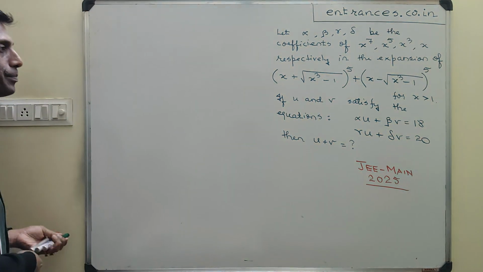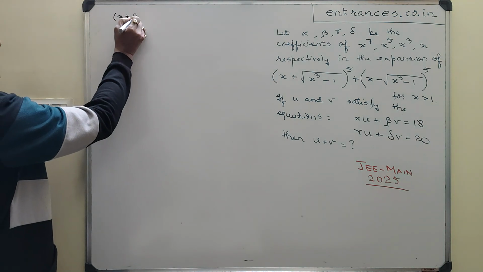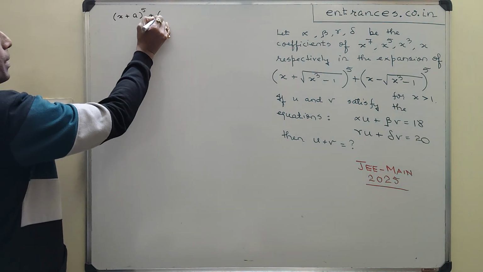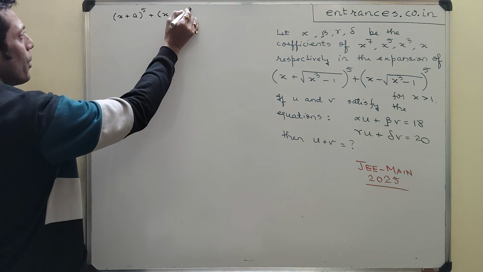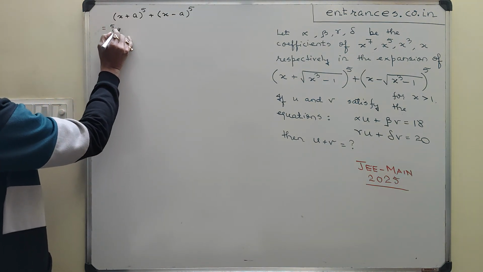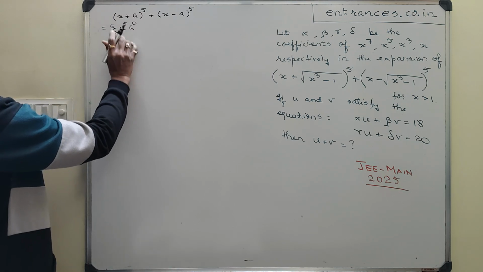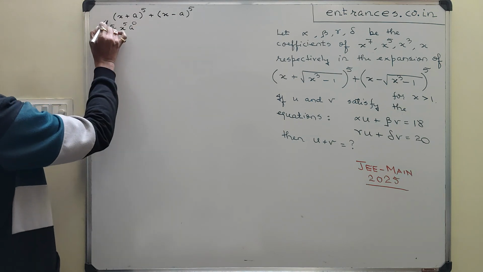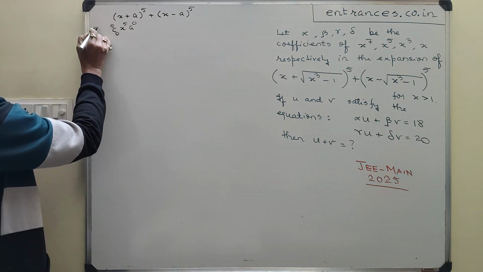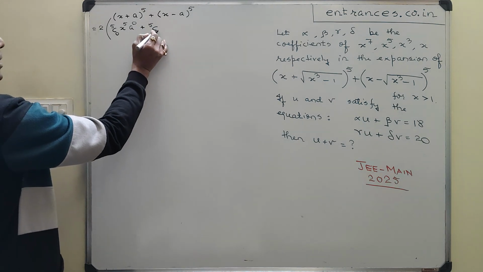It is like if you write this as, let's say, (x + a) whole power 5 plus (x − a) whole power 5. In this entire thing, 5C0, x power 5, a power 0 will survive from both the terms, and therefore it will occur twice, plus 5C1.